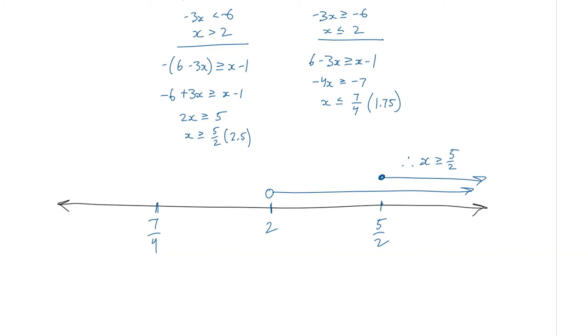Values that are less than or equal to 2. Values that are less than or equal to 7 over 4, 1.75. So what's the solution for that case?